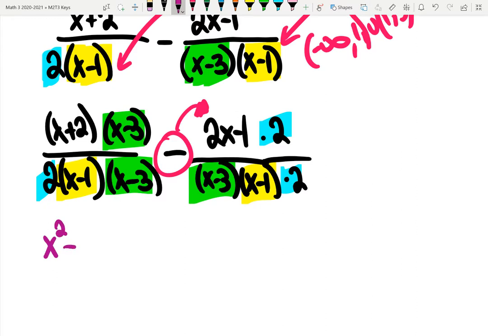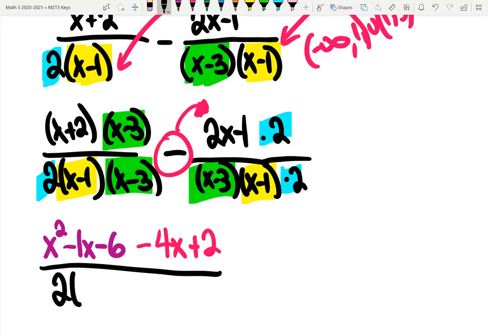However, in order to simplify them, we do need you to multiply using maybe a FOIL, or like I prefer, the area model. So I'm going to get negative 4x plus 2. Notice how I doubled each part and I applied the opposite to each term. This is going to be over a denominator of 2x minus 1 over x minus 3.